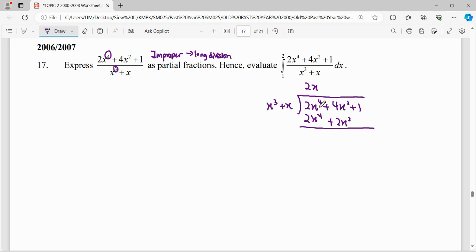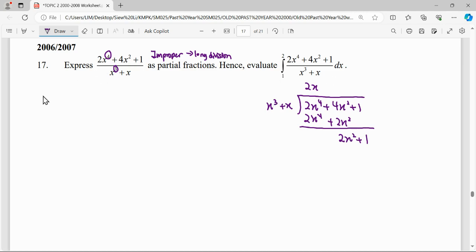Then we eliminate this, 2 minus 2 is 0. This one we get 2x squared plus 1. So we can see this is quadratic, this is cubic, so the remainder is smaller than the cubic function.